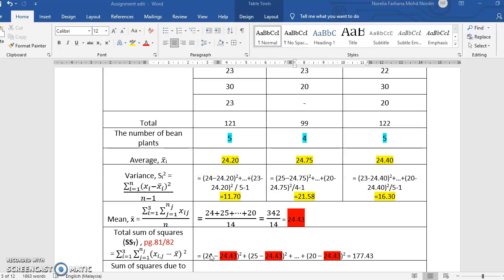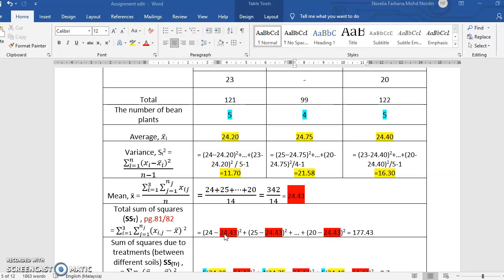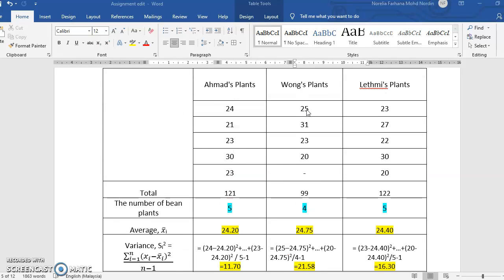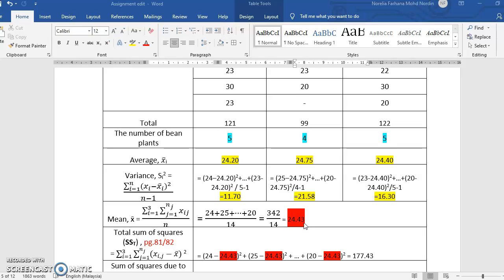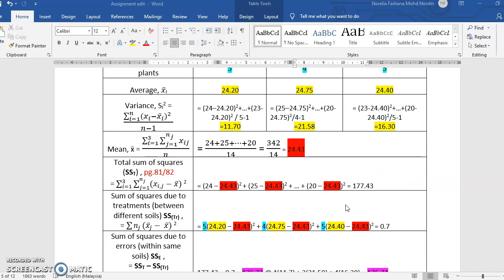For the first data, 24 minus the overall mean 24.43, which we got just now, in brackets and squared, plus the second data, 25 minus 24.43 squared, plus 23 minus 24.43 squared, plus all the data until 20 minus 24.43 squared. The answer is 177.43. So 177.43 is the SST.